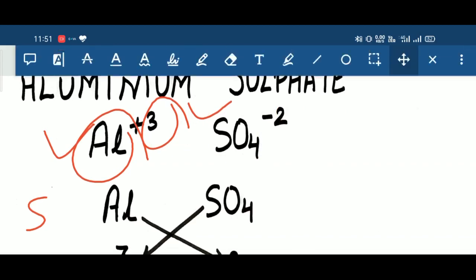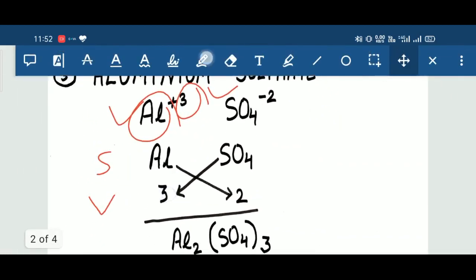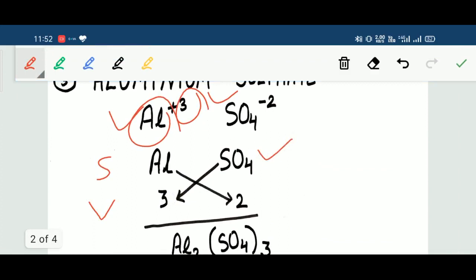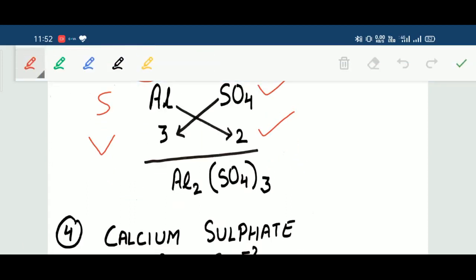So for writing the symbol of sulfate, we will write SO4, and for the valency we will write only 2. Now we already see that 3:2 is the simplest ratio, therefore cross multiplying we will get Al2 and SO4 thrice.